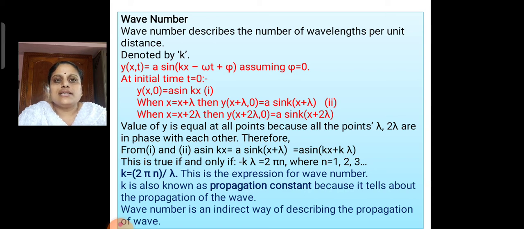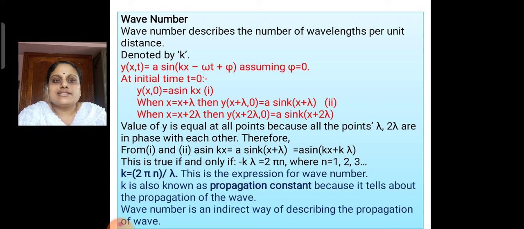We can see that in the equation for displacement y(x,t), assuming phi to be 0 and taking the initial time t to be 0, we get y(x,0) = A sin kx. When x becomes x plus lambda, or x plus 2 lambda, we get the equations A sin k(x + λ) or A sin k(x + 2λ).